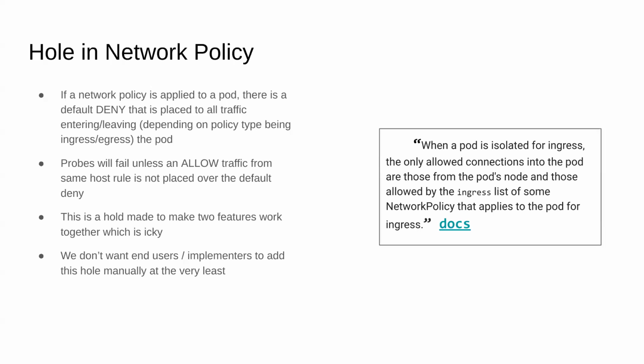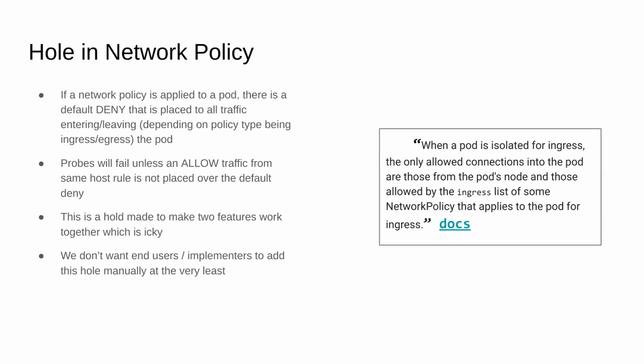But when we do the default deny, we deny everything when we create the network policy, including the kubelet probes, which are required for the health checks, right? But then in this case, for the network policy, we had to open a hole to make sure that the connection from the host, that is the same node, to the pod works for the health checks to work properly. But again, this is a bit icky.